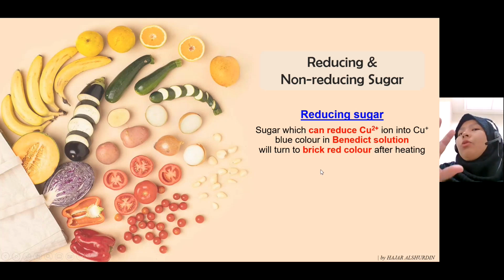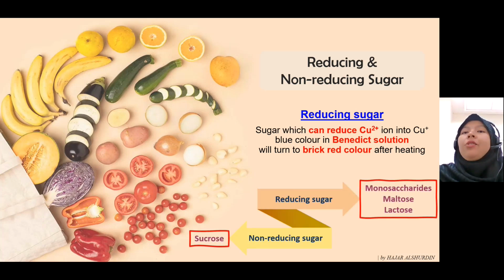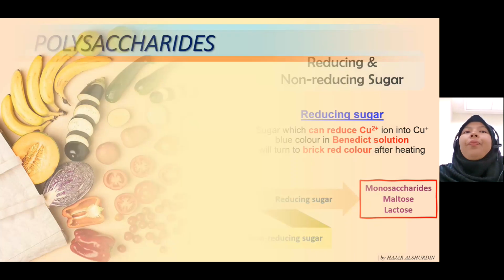The solution turns brick red or there is a precipitate. It means that the sugar we test is a reducing sugar. Reducing sugars are monosaccharides, maltose and lactose. Meanwhile, the non-reducing sugar is sucrose.